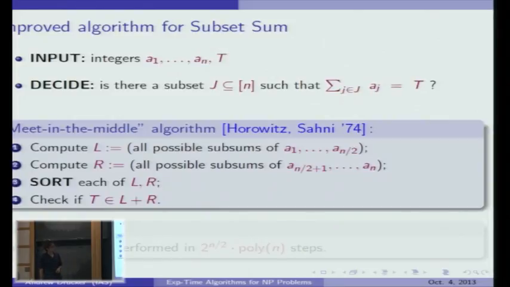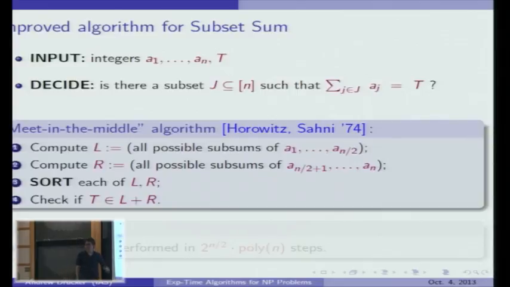It works as follows. First, let's take our list of integers and split them into 2 equal halves. We're going to do an exhaustive enumeration on each half and compute all possible subsums. That is, sum up all possible ways of adding a1 through a n over 2.